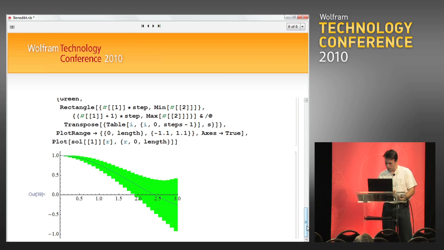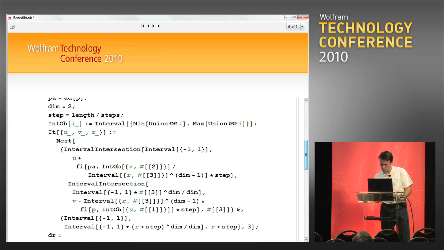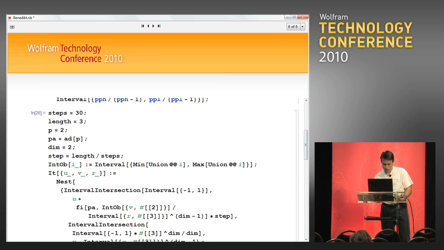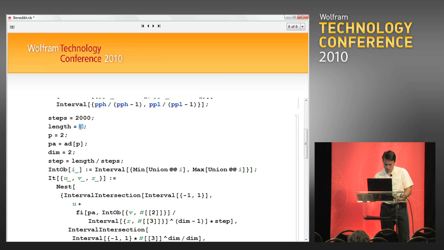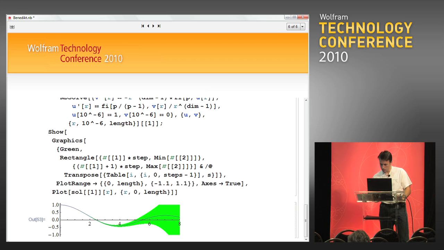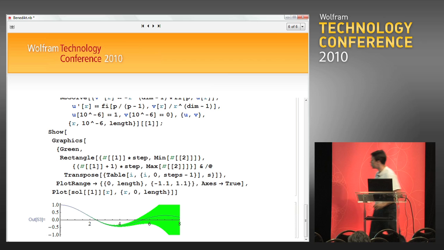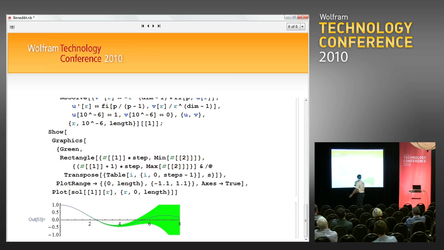smaller area. So if I change the length of the interval to 8, and I take 2000 steps, then you can see that the solution must lie in this area, and I also have intervals for the roots of the solution.